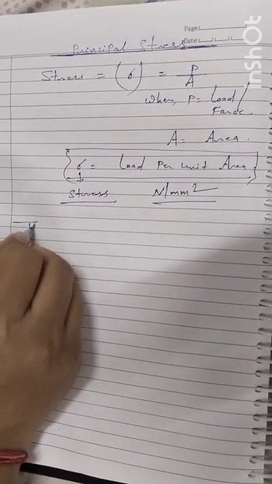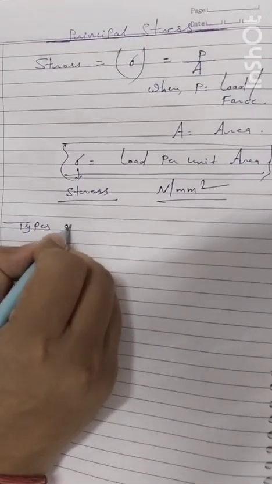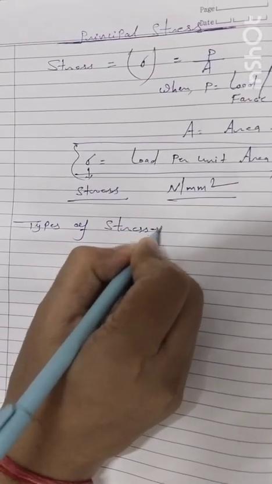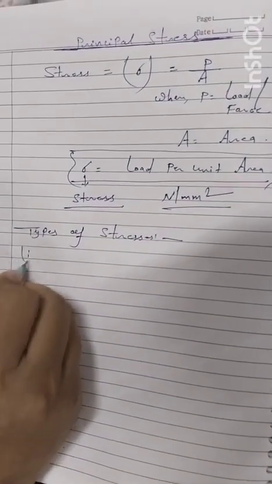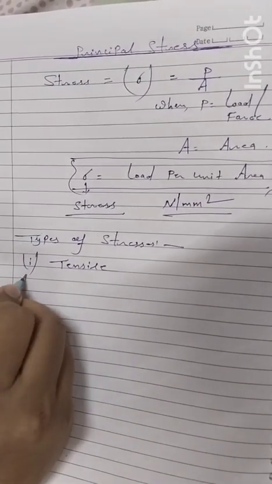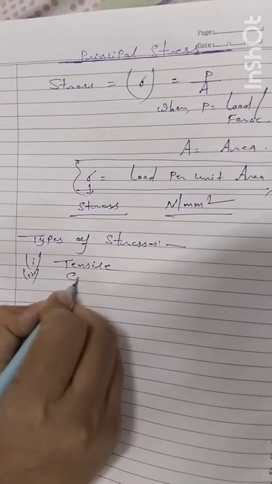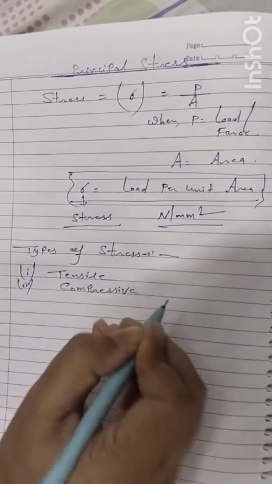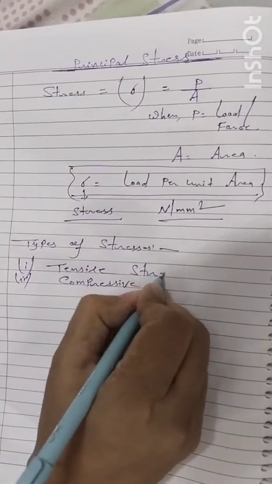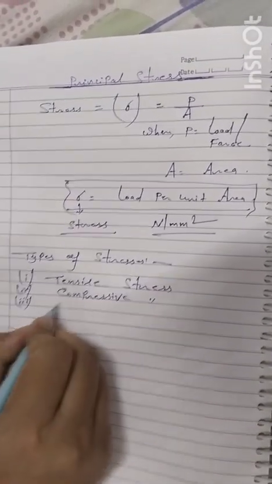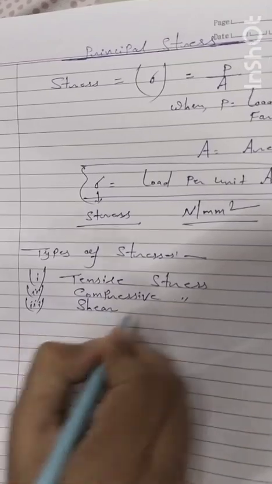Now the types of stress. The first one is tensile stress. The second one is compressive stress. And the third one is shear stress.